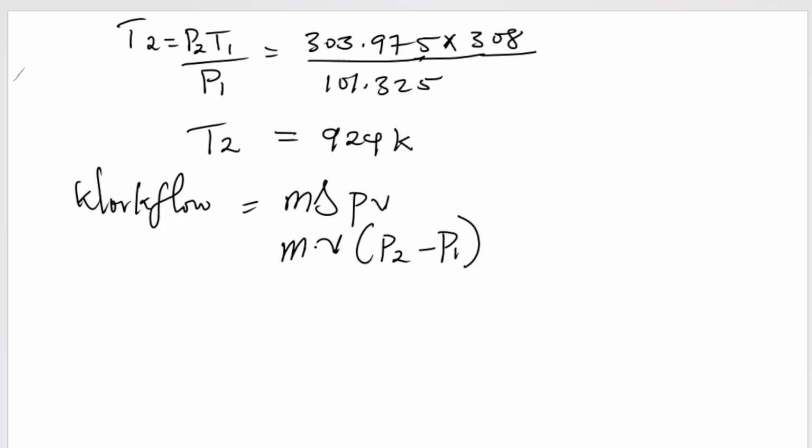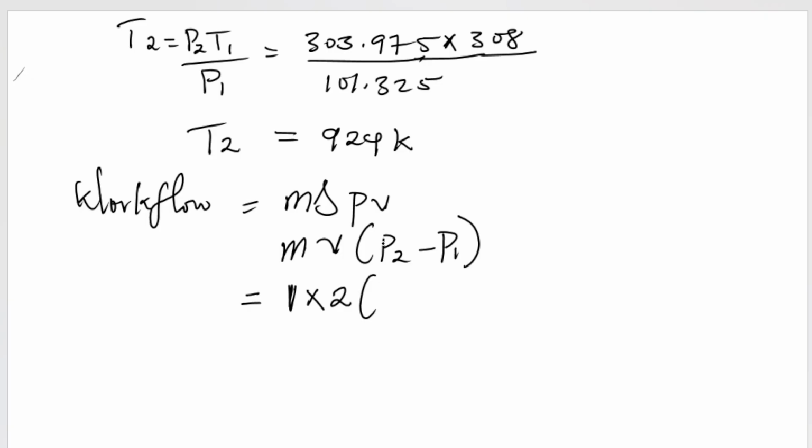Now what are the values of these parameters? You impute the values of these parameters into the given formula to get your flow work. The first one we have here is mass, which is 1, multiplied by volume, which was 2 meter cube.